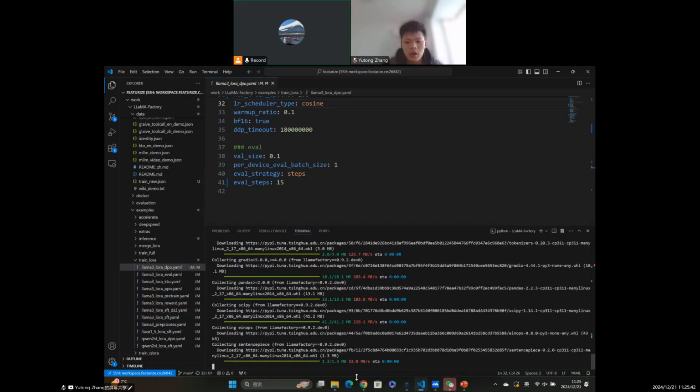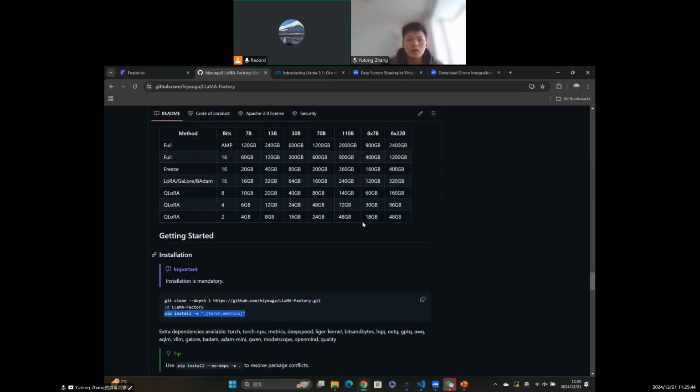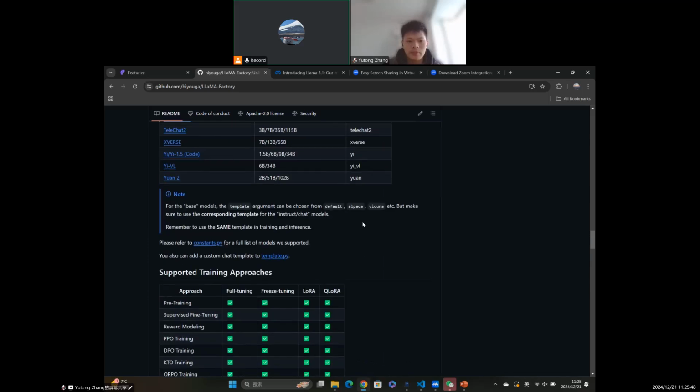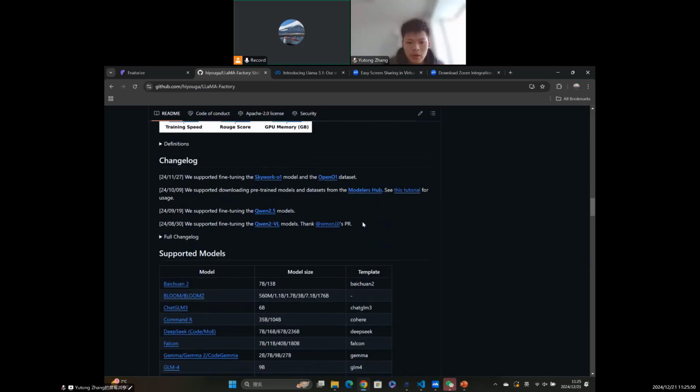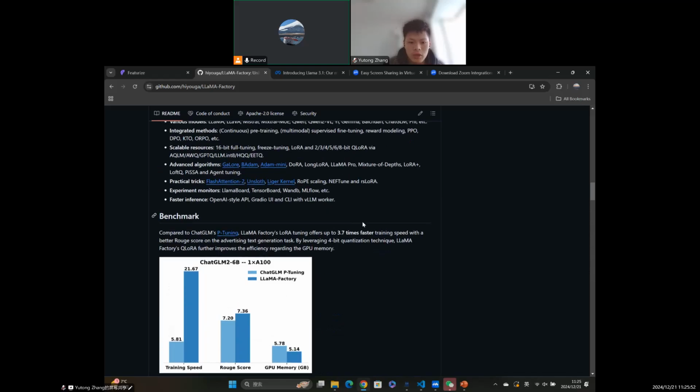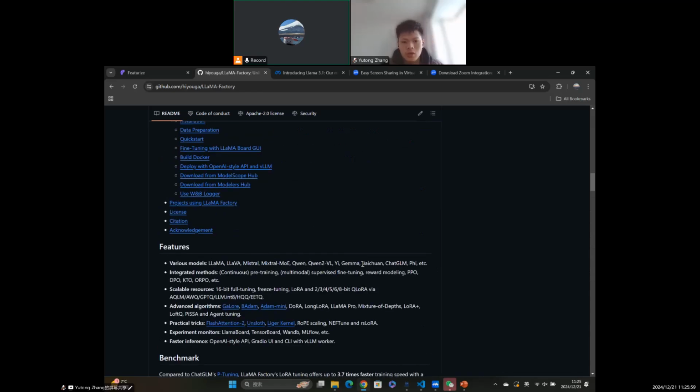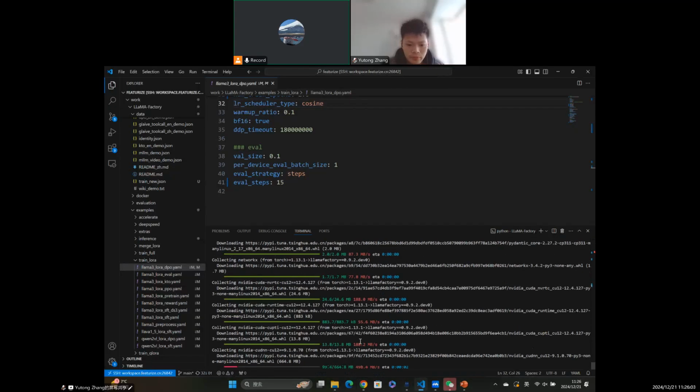Basically, this repo is based on many other tools to make sure that you can train the model with a very low computational cost. So see, it's a lot.